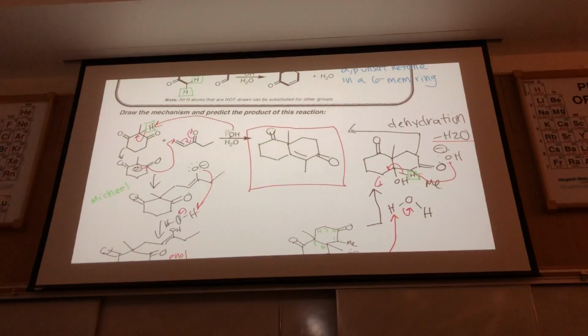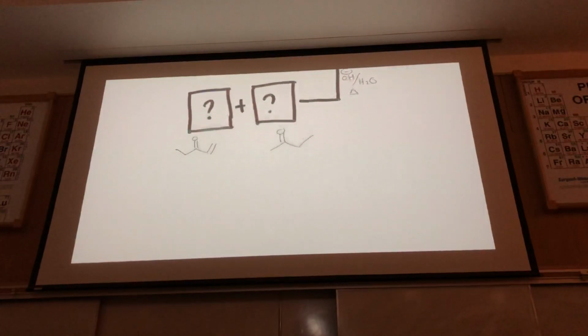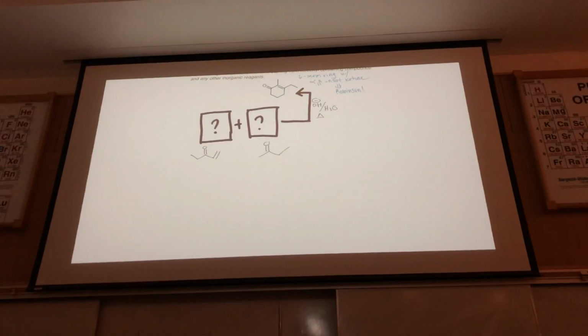Okay, so let's apply that reasoning to a different structure, also using a Robinson. How would we get those pieces? I think it's easiest to work backward. So there's a lot of space on here for that reason. So if I give myself some room, I'm gonna show my reasoning in blue here.